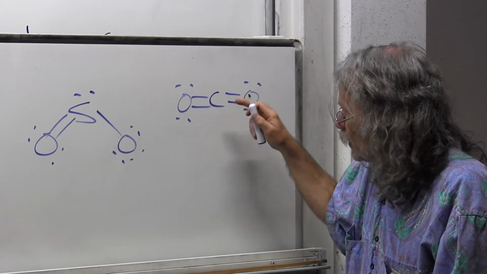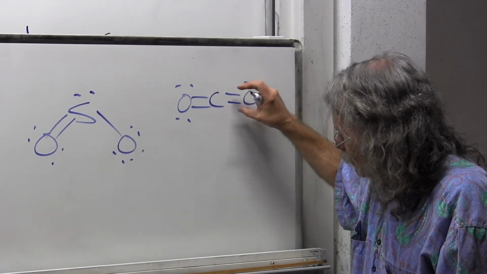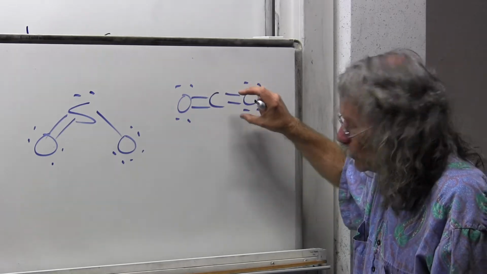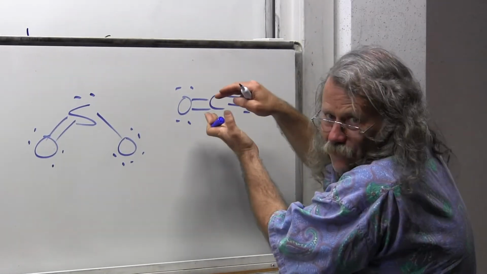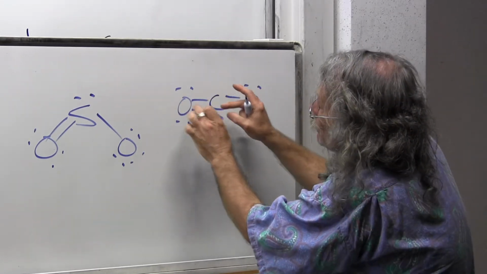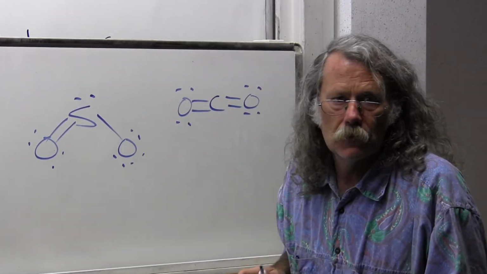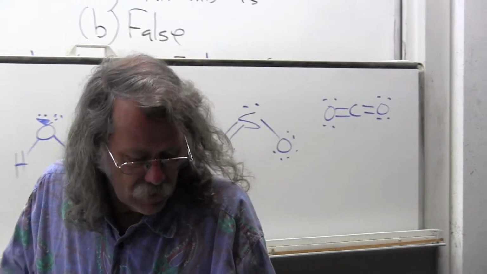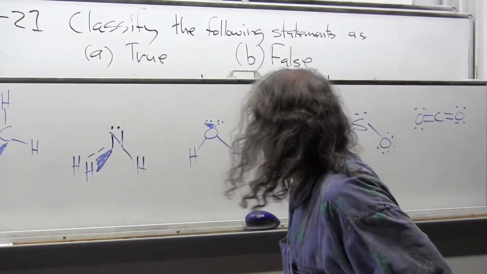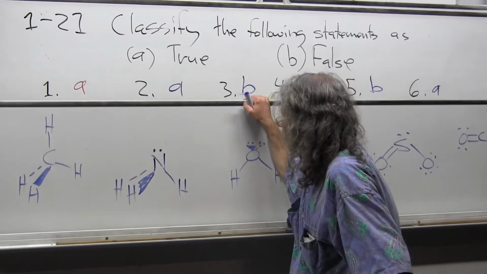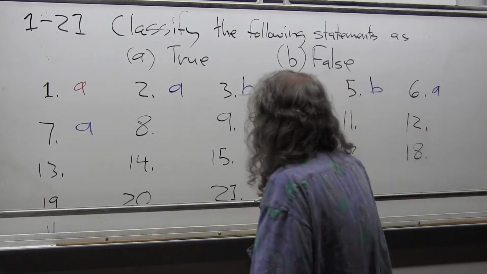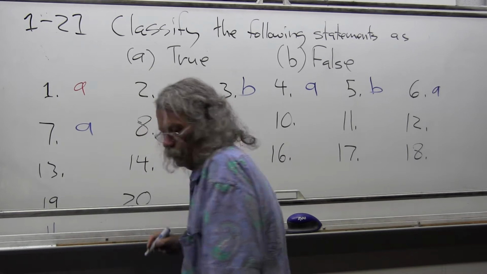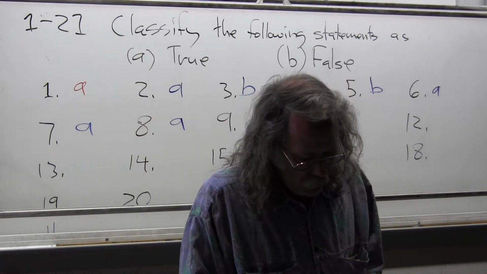This is easily seen when we treat the multiple bonds as a single pair, because they're constrained to be in the position between the 2 atoms. And that's why that is true. That was number 8. A double bond is treated as one pair.